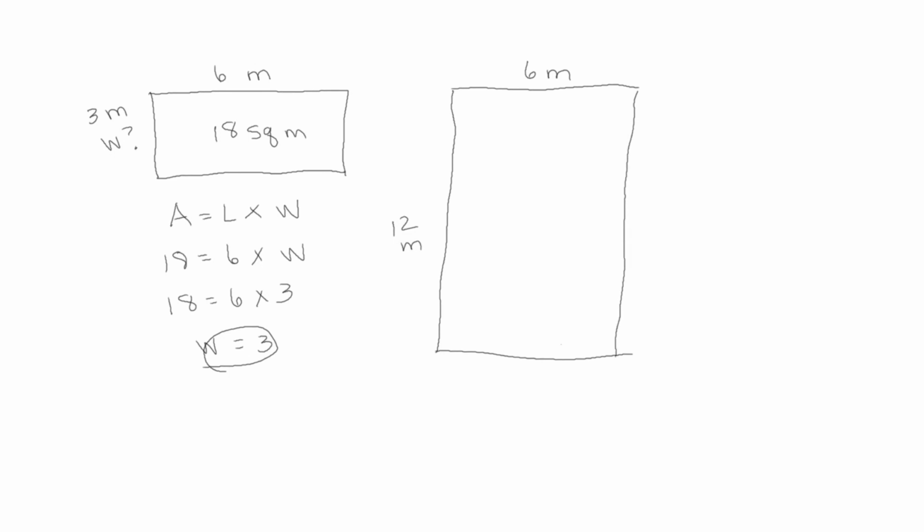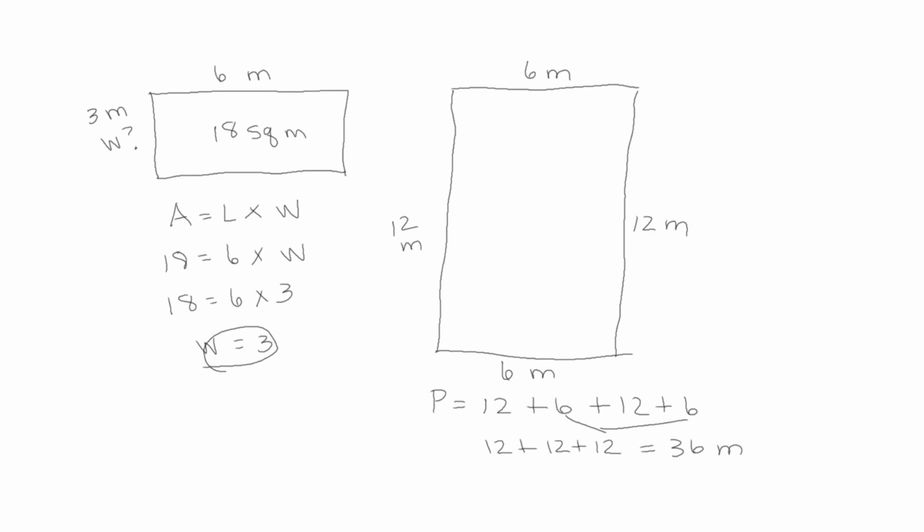And she wants to know the perimeter of this rectangle. So we know with a rectangle, the opposite sides are the same length. And we can add all the sides together to get the perimeter. So we have 12, and then we have 6, and then we have 12, and then we have 6. And 6 plus 6 is 12. So 12 plus 12 plus 12 equals 36. So our perimeter is 36 meters.